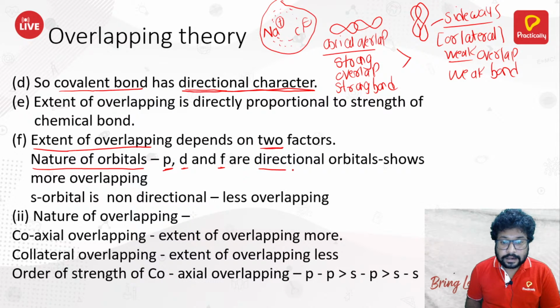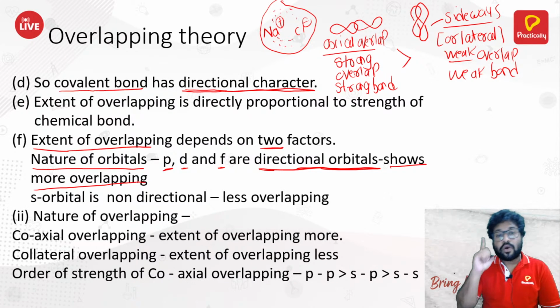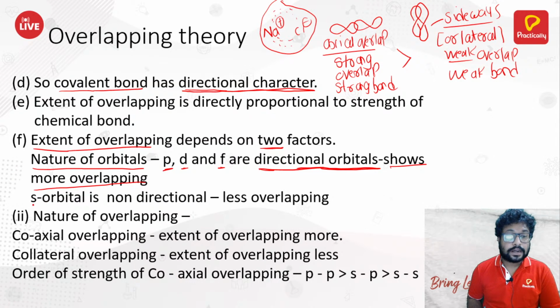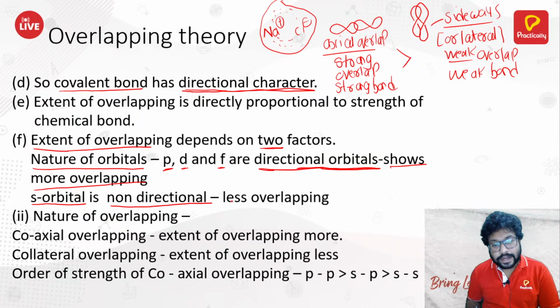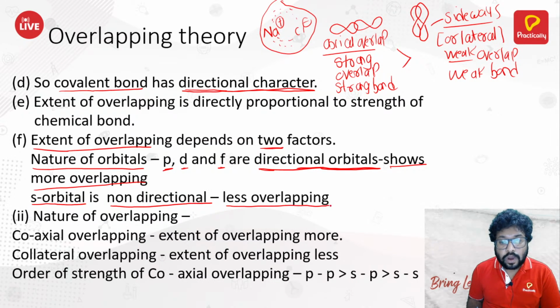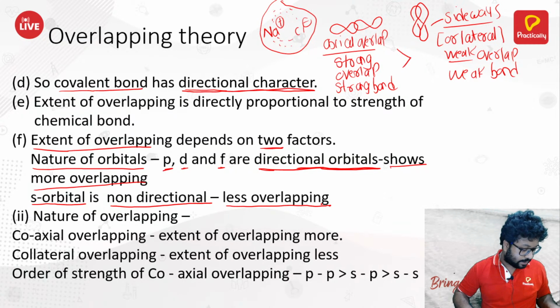these are directional orbitals. So the directional orbital always shows more overlapping. And the only orbital that is your s orbital is what? It's non-directional. So since it's non-directional, it would show less overlapping.